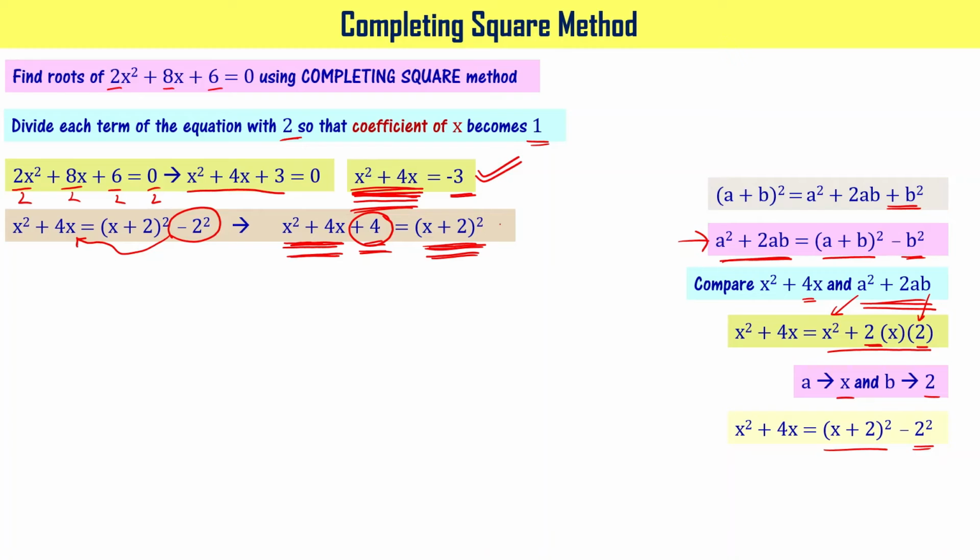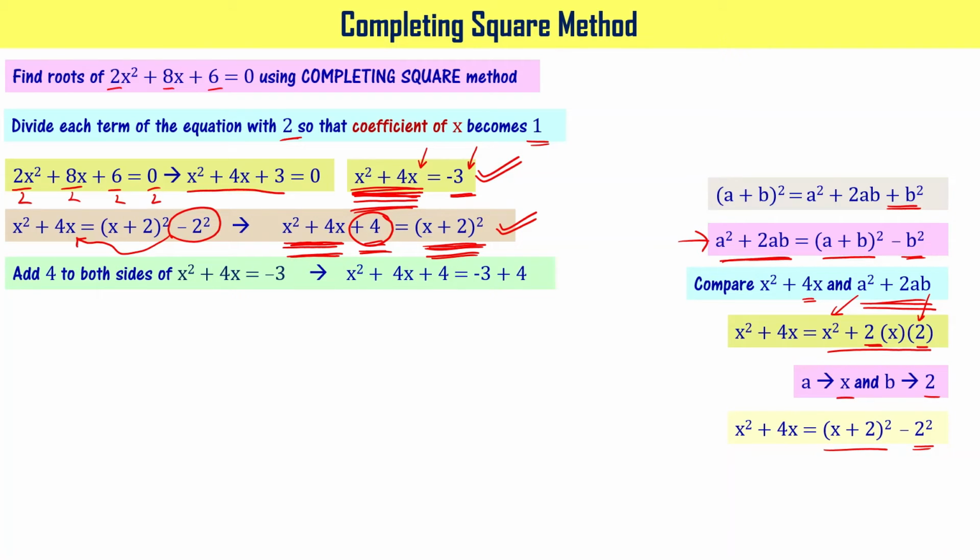Based on what you have learned here, I can add + 4 this side and + 4 this side, so that the LHS of the given equation becomes a complete square, right? Let's add the number 4 to both sides of the equation x² + 4x = -3. When you do that, LHS becomes x² + 4x + 4 and RHS becomes -3 + 4, right?